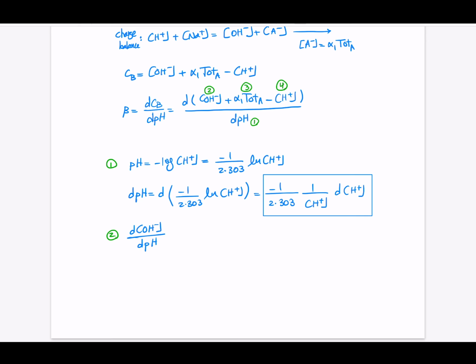So for dOH minus over dPH, you have to first convert OH minus to H plus. So this would be d of KW over H plus, divided by dPH, the expression we just had, 1 over 2.303, 1 over H plus, dH plus.